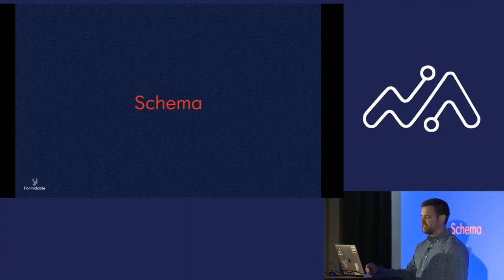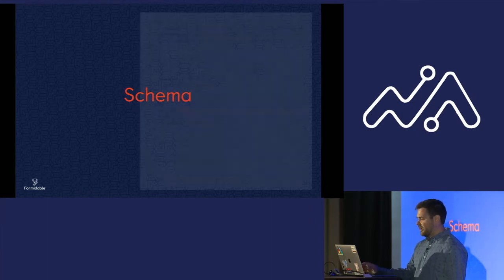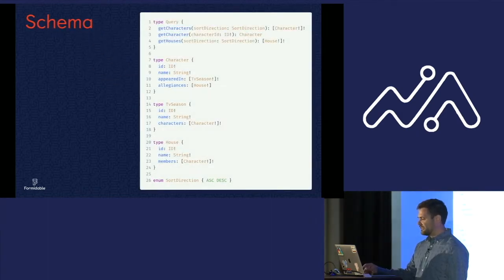So the schema is the core of everything. This is where you define the operations that your application supports. Here's the schema we're going to work with for the rest of this talk. I'll pause for a minute so you can read it. So let me highlight a few things here.